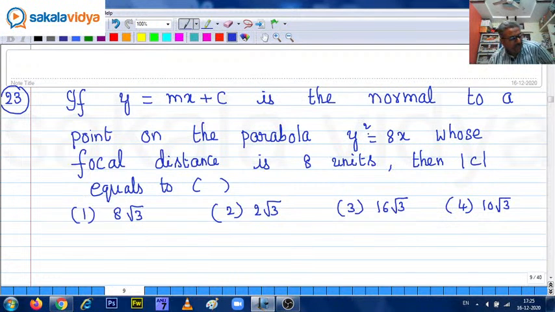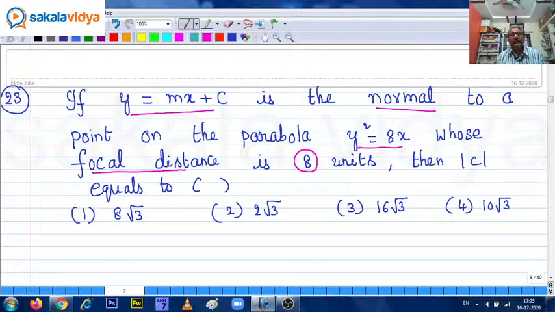Just go through this question, all of you. y equals mx plus c is the normal to a point on the parabola y square equals 8x, whose focal distance is 8 units. Then the modulus of c we need to find out.